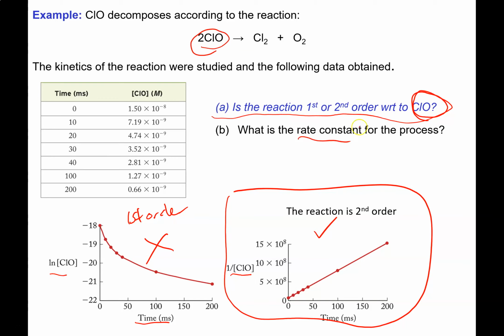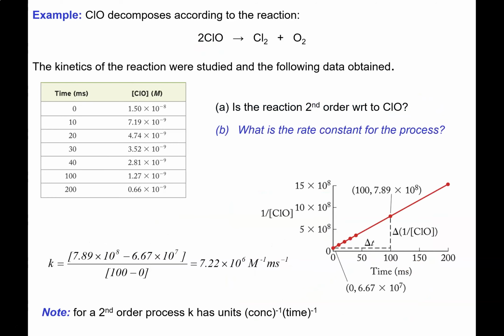So at this point, we've got the integrated rate law, and we can go ahead and get the rate constant because we know that for a second order process, the slope is just equal to k. So in solving part B, what do I have to do? I have to go to my plot of 1 on concentration against time, pick two convenient time points, and calculate the slope, and that's just going to be my y step over my x step, and that gives me my rate constant.